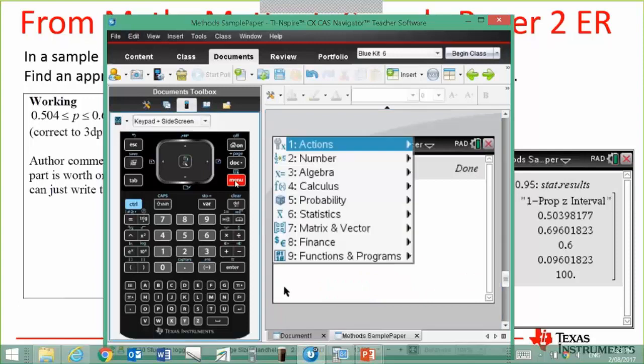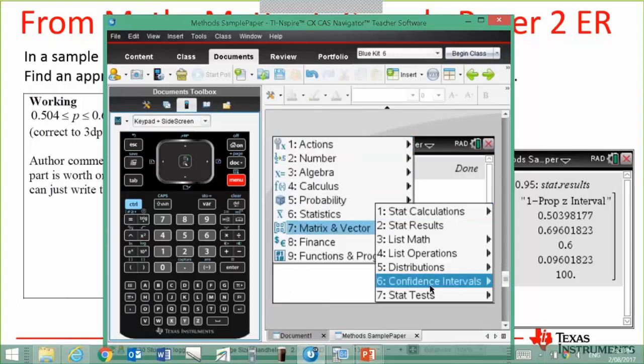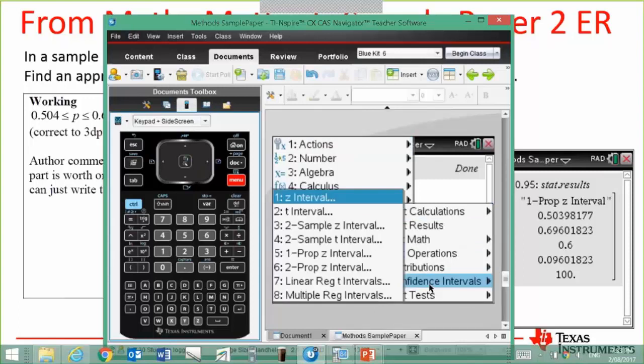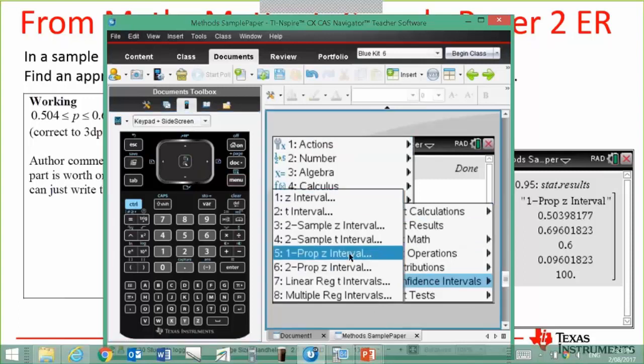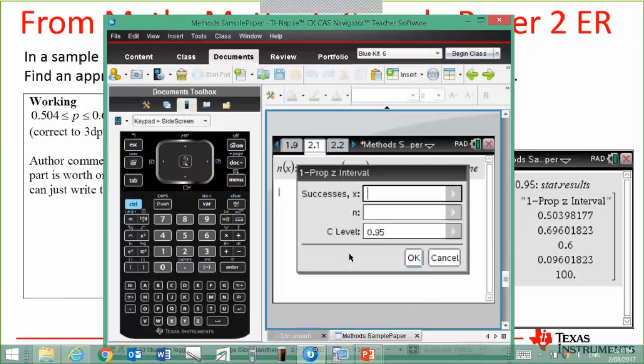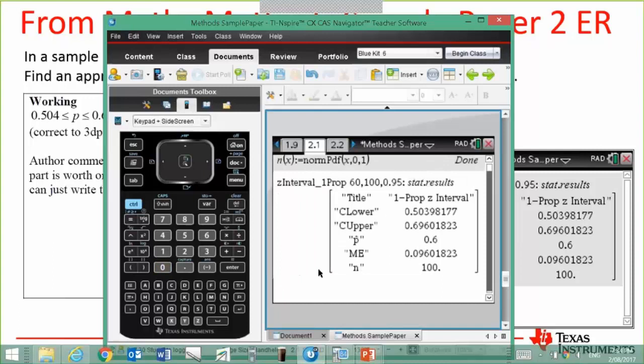So here, statistics, confidence intervals, and it was the 1 prop Z interval, and our successes was, I think it was 60, in 100, 95%, and there we go.